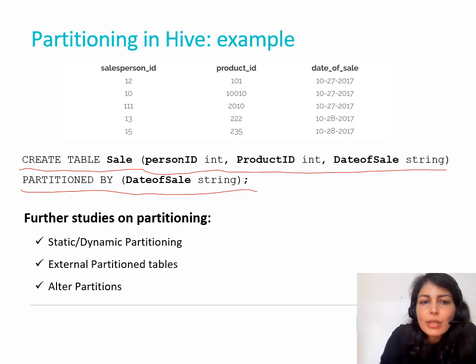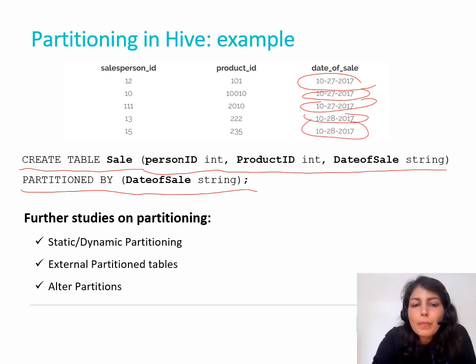In this case, you can see each date makes a different partition. Usually in this system, most of the queries are based on dates. So it makes it much faster and more efficient to have partitioning based on date.